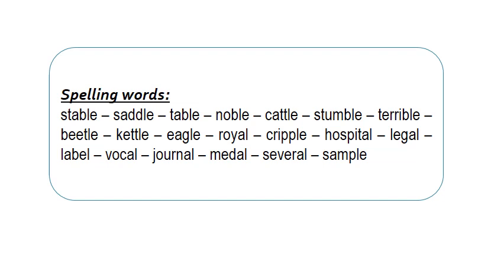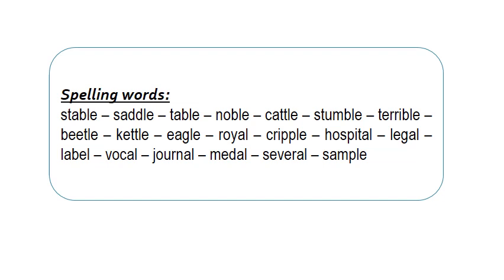But in saddle, the A is a short vowel sound, so it should be closed with a consonant letter. That's why we doubled the letter, like saddle, cattle.